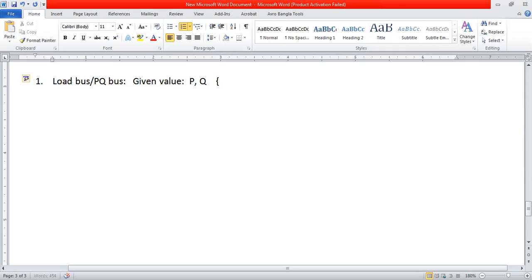And for this particular bus, we have to calculate the voltage magnitude V. So this is the magnitude of voltage V, and we have to calculate the angle of voltage V as well. So this thing we have to calculate.